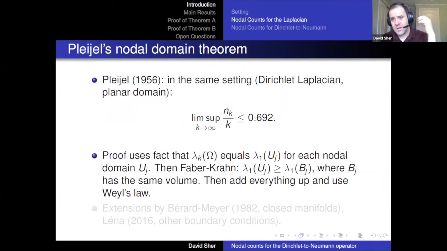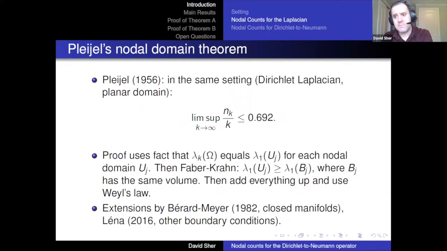Okay? This is obviously in a very specific setting, but it has been extended beyond the Dirichlet-Laplacian planar domain setting by Bérard and Meyer in 1982, who proved the same thing on closed manifolds.